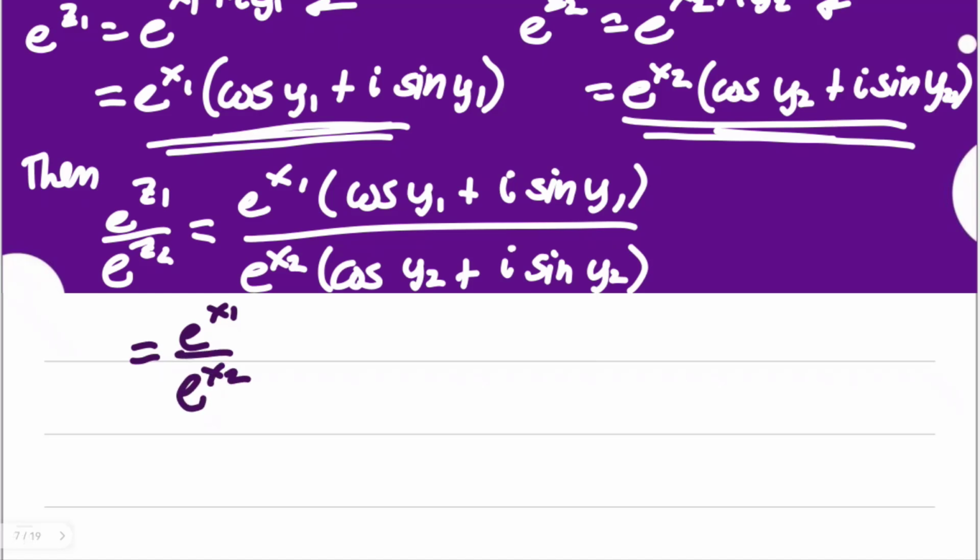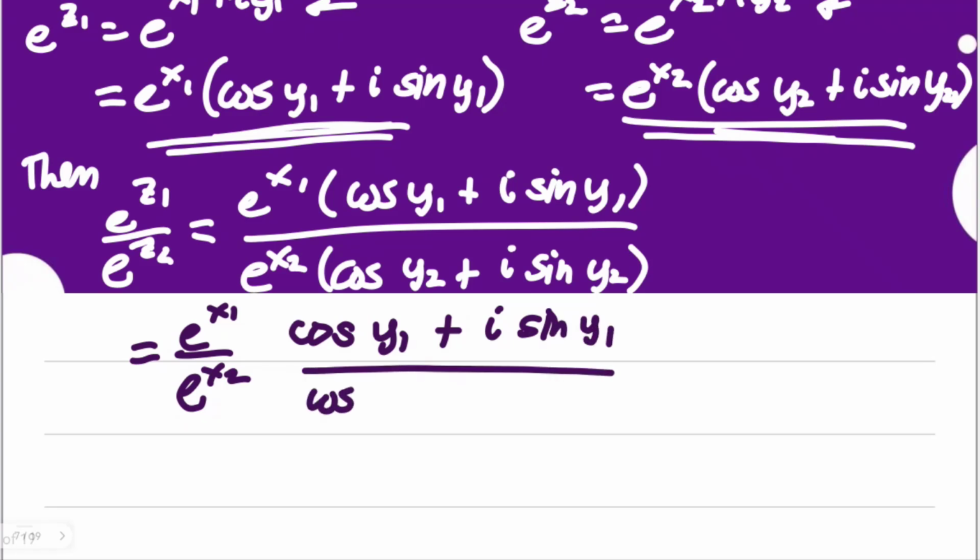Let's stick to that in the meantime. And since x sub 1 and x sub 2 are real parts, we can freely use the division law or the quotient rule. But I'm going to continue doing this one here because I would like to finalize it later on: cosine y sub 1 plus i sine y sub 1 over cosine y sub 2 plus i sine y sub 2.